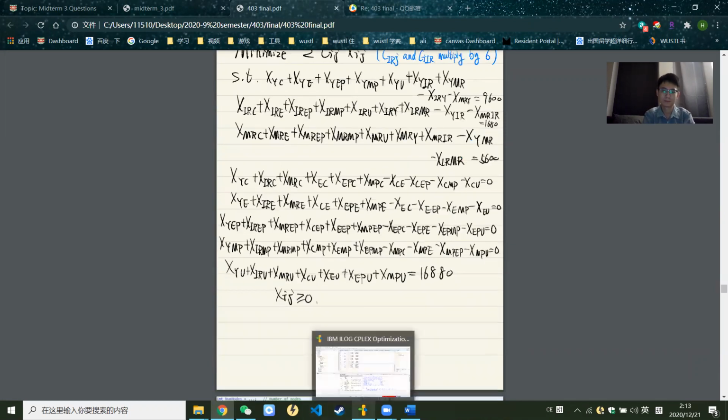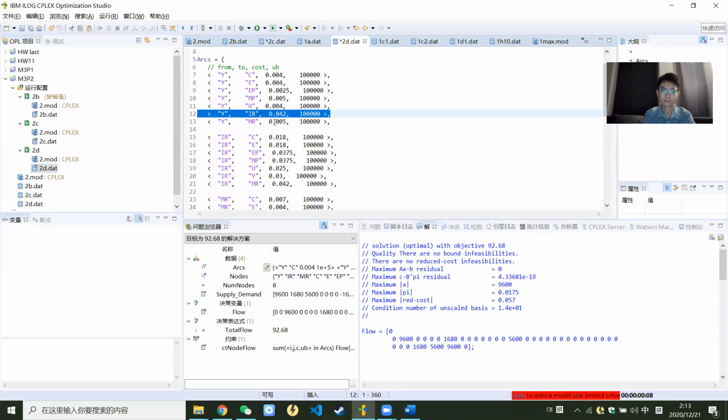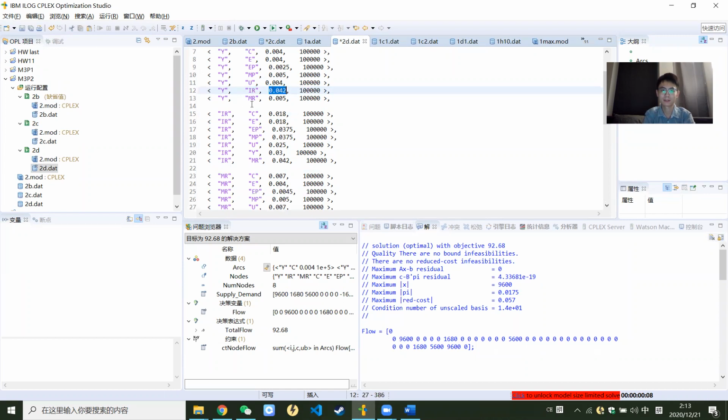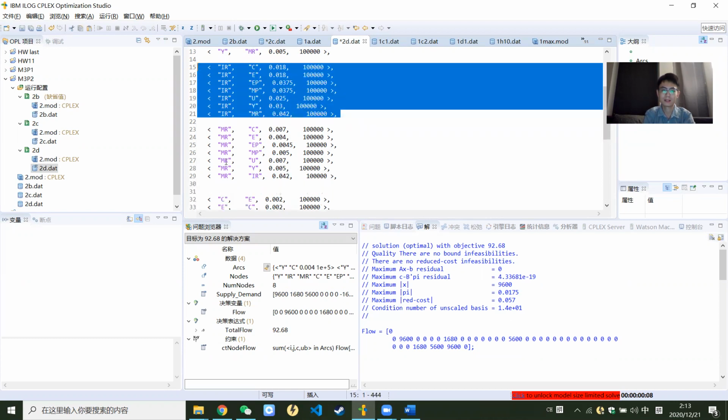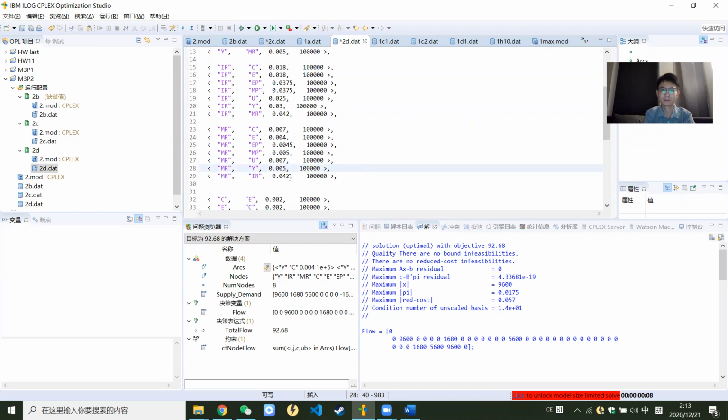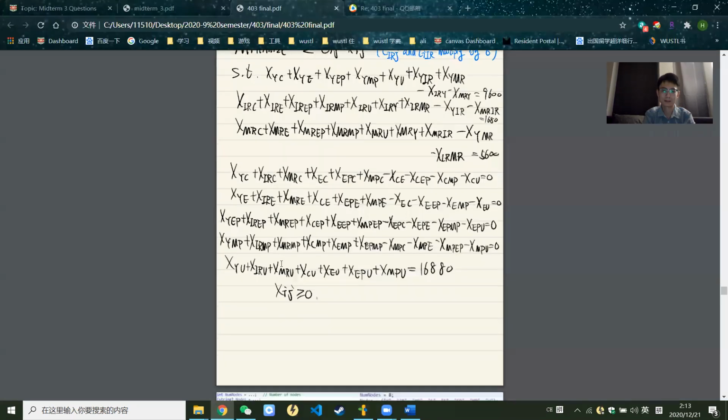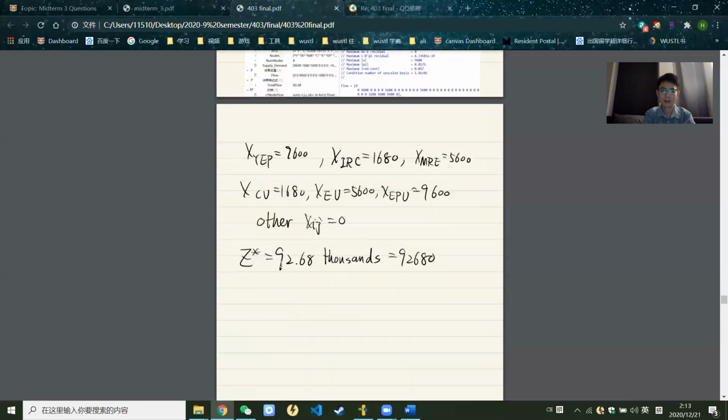So in the implementation, all the arcs that have IR in them have their cost multiplied by 6. So this one from Y to IR, and all the IR ones, I multiply them by 6. And let's see the answer. The answer here becomes bigger again because of the increased cost.